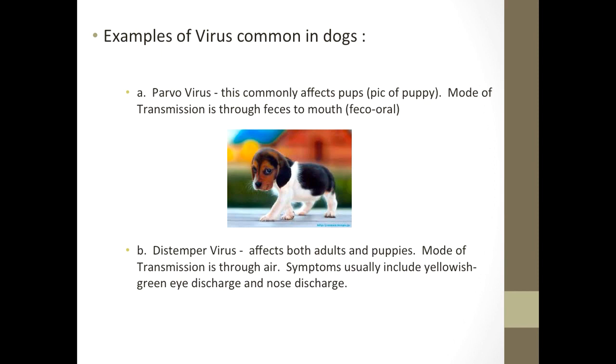Therefore, it's very important for you to remember, just because you have a puppy that has a parvovirus infection and you have a cat or a kitten right beside it, just because it's a different species, just because one patient is a dog and the other is a cat, it doesn't mean that it cannot cross.